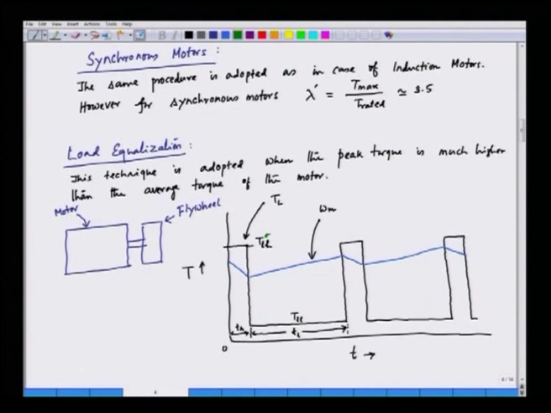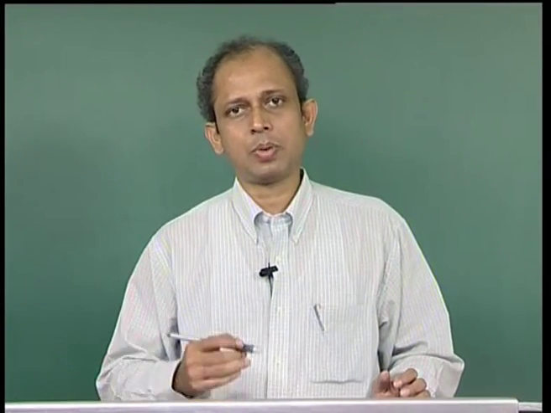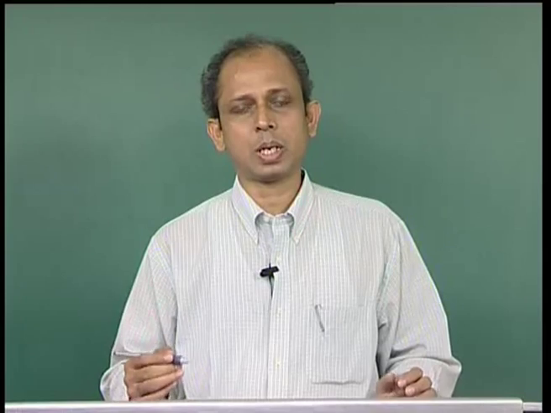Now, what we do in this case is that we fix our flywheel with the motor. When we fix the flywheel with the motor, the effective moment of inertia increases. So, we assume that the effective moment of inertia is J, and J is equal to J naught plus J flywheel.